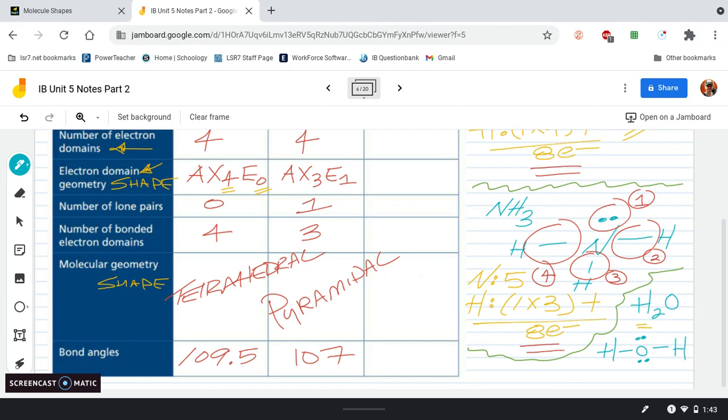So now we look at our target number. O is in column 6A, so it gives 6. Once again, that should be on your periodic table. You should look it up. I'm not going back and forth to show you the columns, but it's the column of your periodic table. Hydrogen's in column 1. So it's going to give 1, but there's 2 of them.